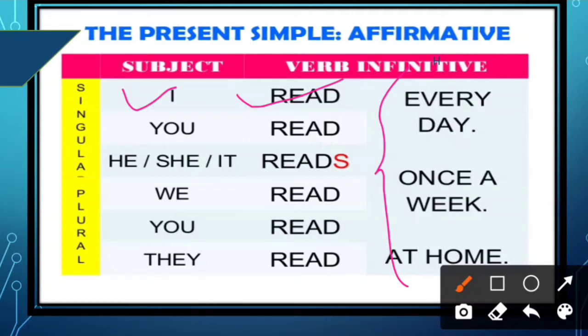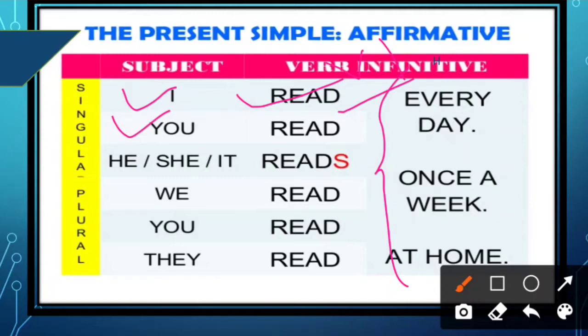So here the first is V1, or in other words we can say it is the infinitive. I read every day. I read a book every day. Such a long sentence we can use: I read a book every day in the evening. Even second person, you read a book every day, you read a book daily.